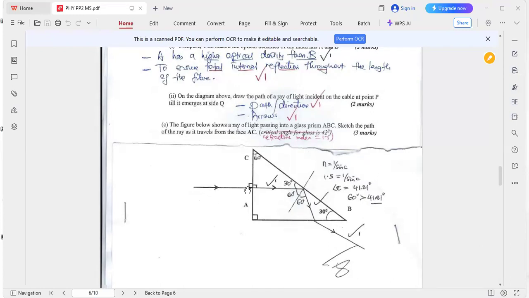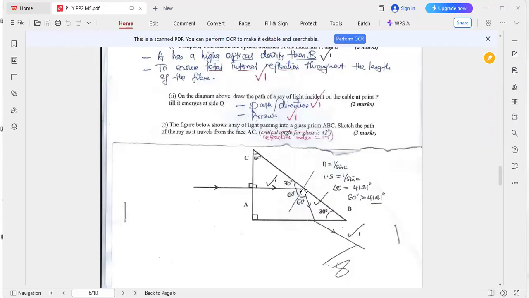So this was the initial path of the ray, striking AC at 90 degrees. No reflection takes place because this is a transparent material. So it enters the prism through 90 degrees and strikes this edge.